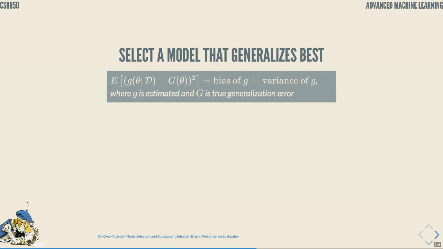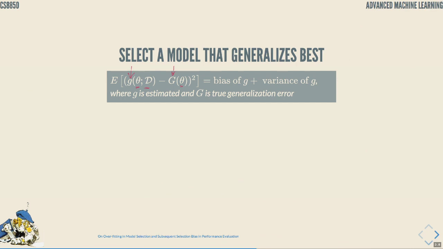Let's look at the mean squared error between our estimate of generalization performance, this little g, that depends on the parameters of the model and the data, and the true ultimate generalization performance of that model that only depends on the parameters.